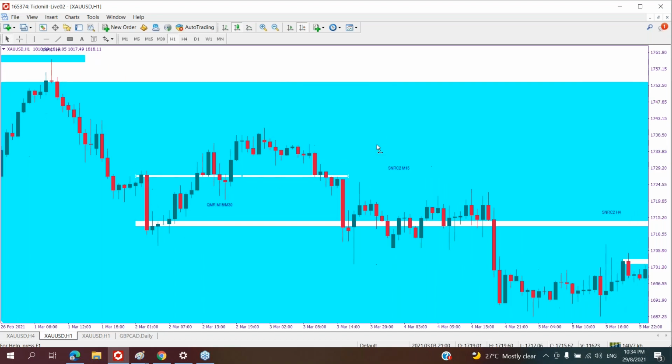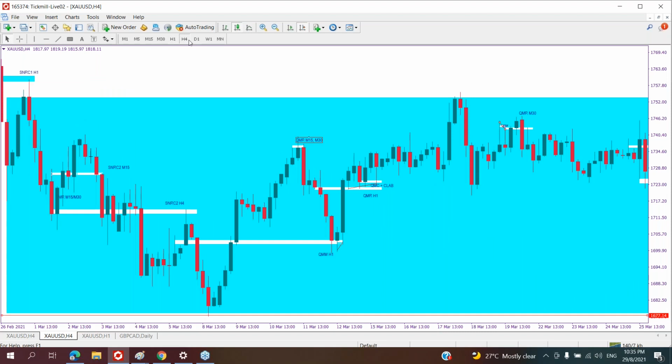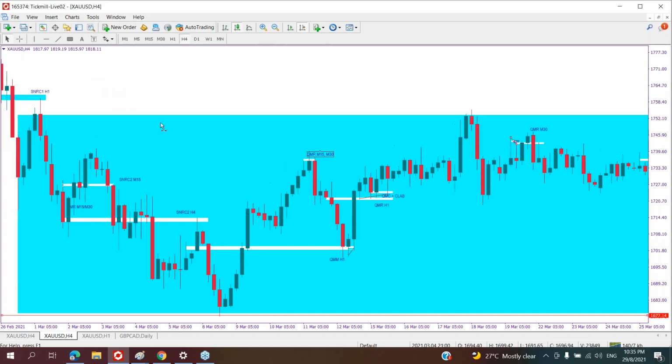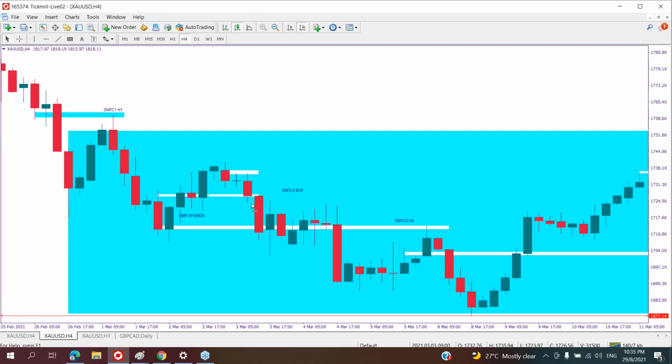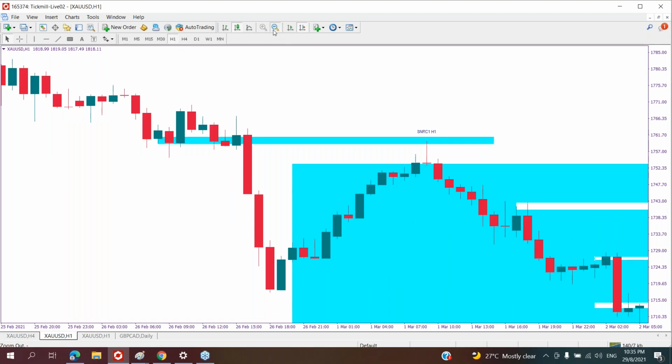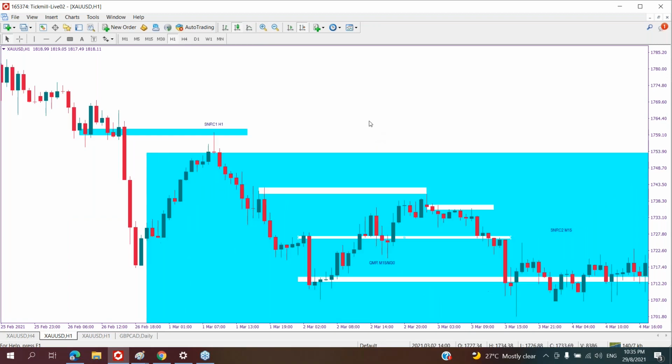But in my recorded video, I closed when the price reached a little bit of profit here, because I can see in H4 the price already reacted. Price made a bearish engulfing, and in H1 there's a supply zone over here, so I don't feel good about continuing to buy.